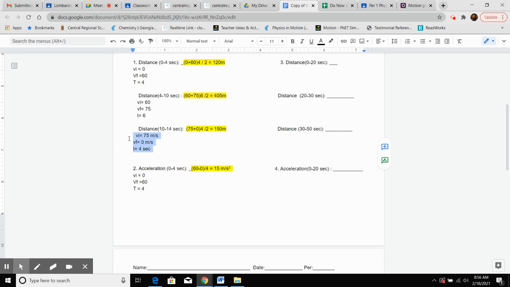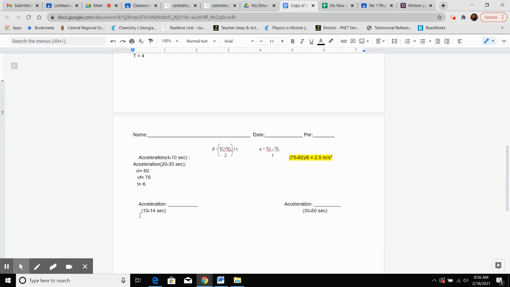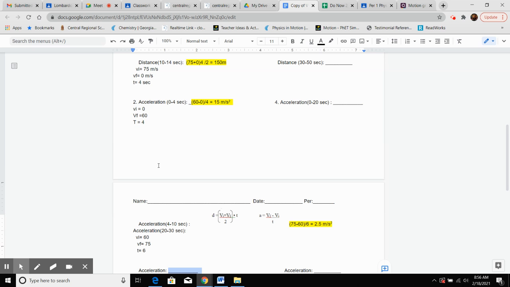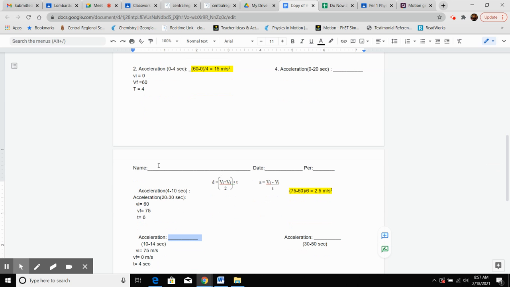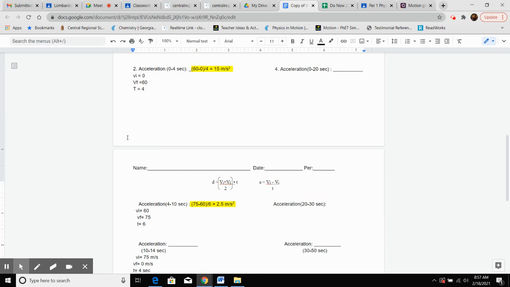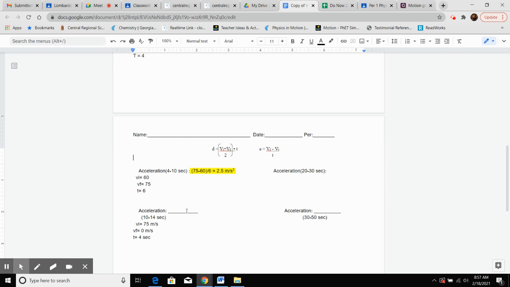So let me copy that, Control C. And so from this 10 to 14 seconds, Control V. Okay, acceleration, the equation is VF minus VI. Well, there we go. Add this down again. There we go. I was wondering why that looked a little sloppy there.